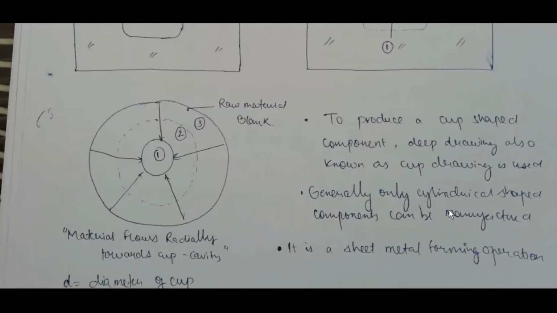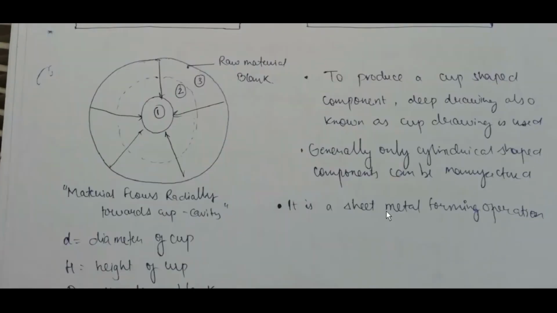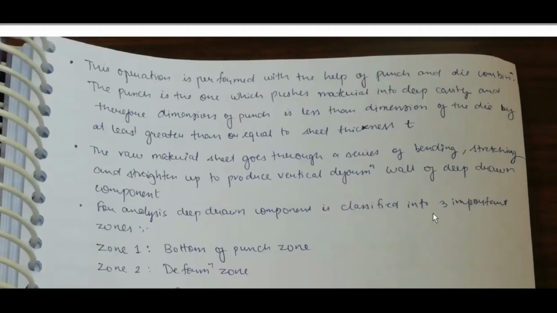Generally only cylindrical shaped components can be manufactured. It is a sheet metal forming operation, performed with the help of a punch and die combination. The punch is the one which pushes material into the deep cavity, and therefore the dimensions of the punch are less than the dimensions of the die by at least the sheet thickness.